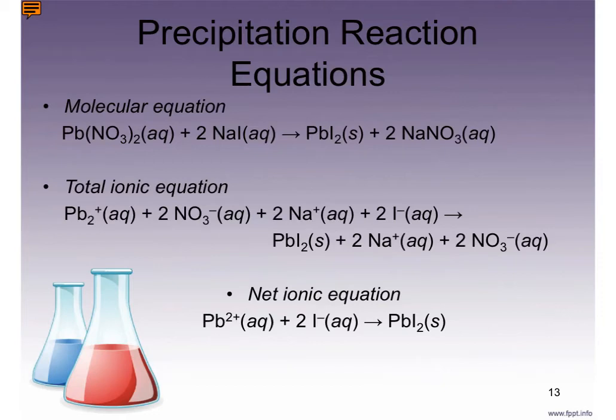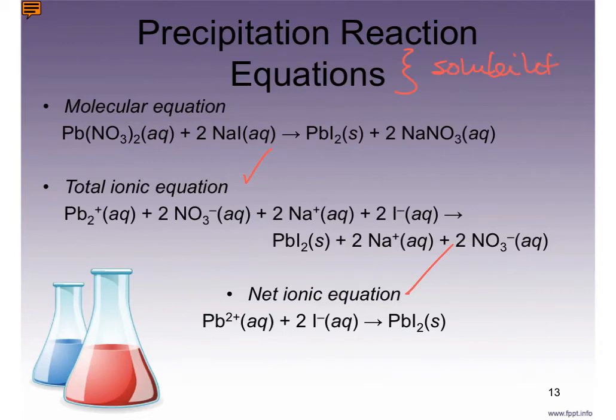Just as we did with acid-base reactions, you are going to be asked to write total ionic and net ionic equations for precipitation reactions. And you're not really going to see acid bases. We know that strong acids and bases dissociate. So really all you're going to be paying attention to is the solubility of each ionic compound.